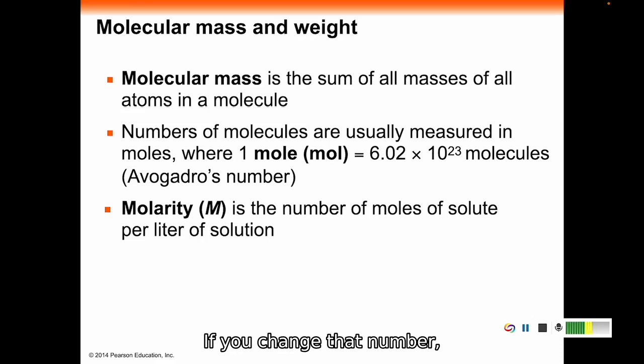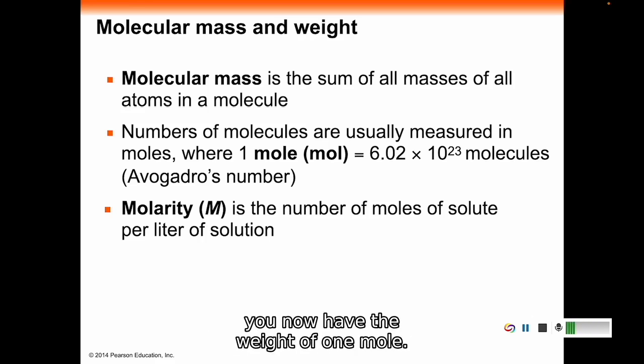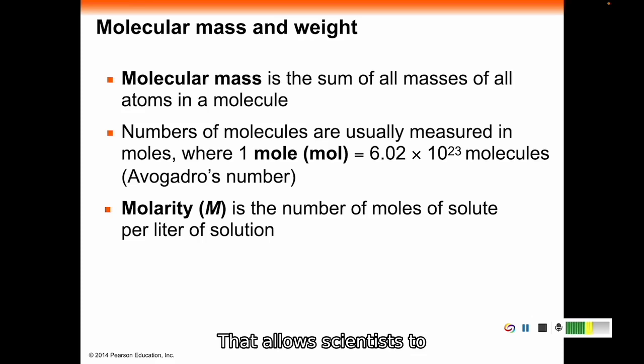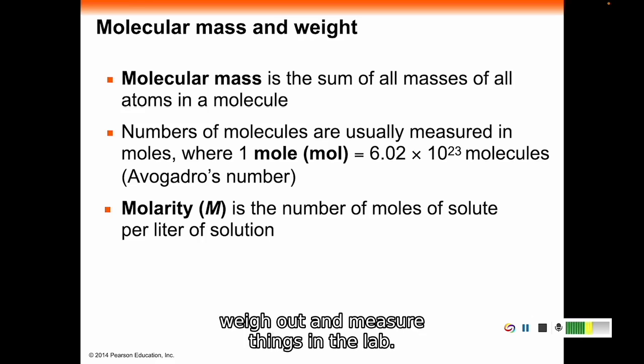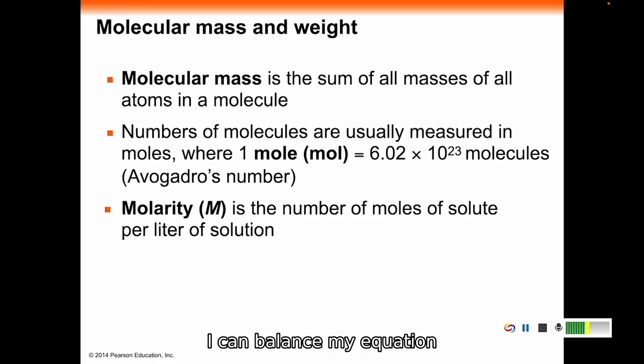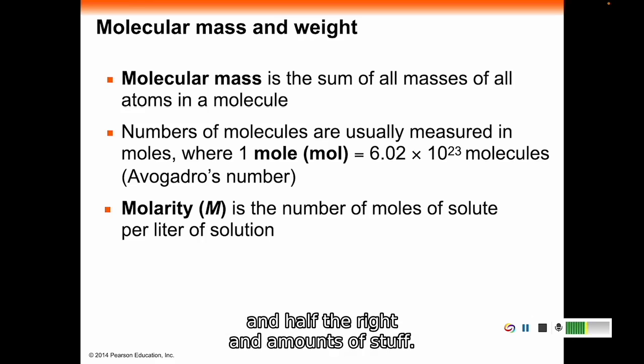If you put it in grams instead, you now have the weight of 1 mole. So whatever 6.02 times 10 to the 23rd molecules weigh is its molecular mass in grams. That allows scientists to weigh out and measure things in the lab. Say I have 3 grams of this and 2 grams of that. I can balance my equation and have the right amounts of stuff.